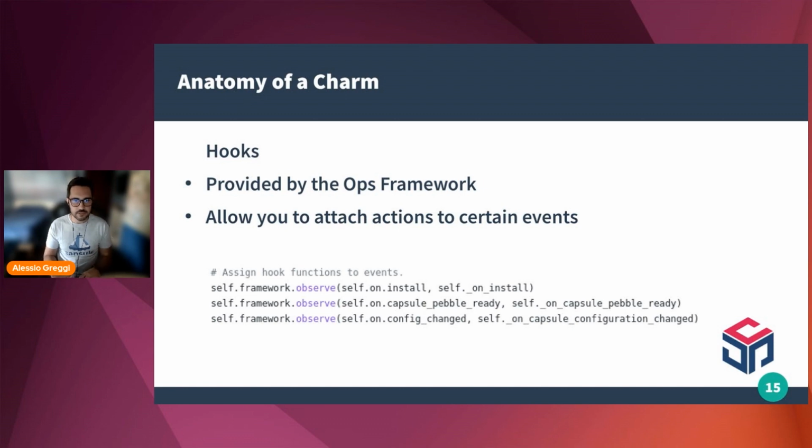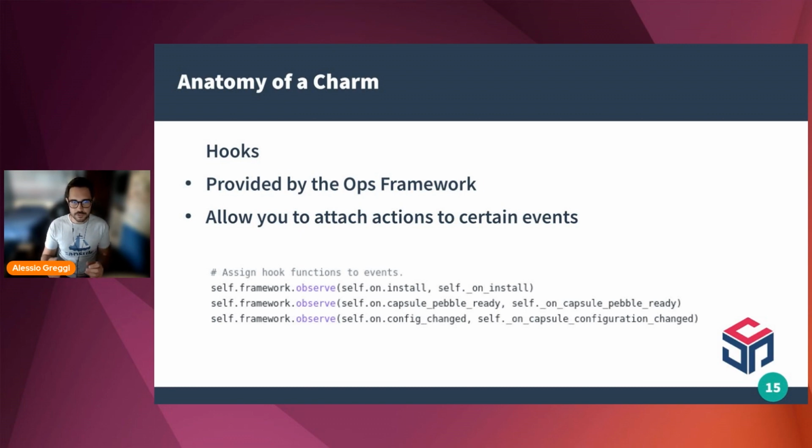that are provided, as I said, by the ops framework, and they essentially are used inside the charm in order to allow you to attach some actions to certain events. So as you can see in the example, we use the observe function to attach the event to a specific function.